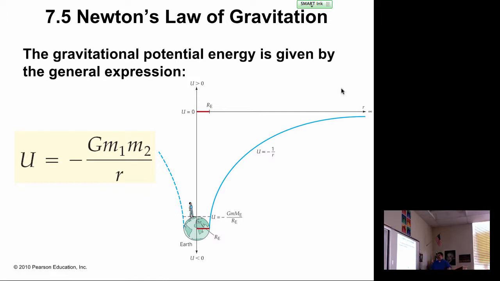And so when we look at this, the potential energy is given by a general expression. Gravitational potential energy, if you notice, at some point reaches zero. In other words, once we get so far away from Earth, gravity doesn't pull on us enough, right?